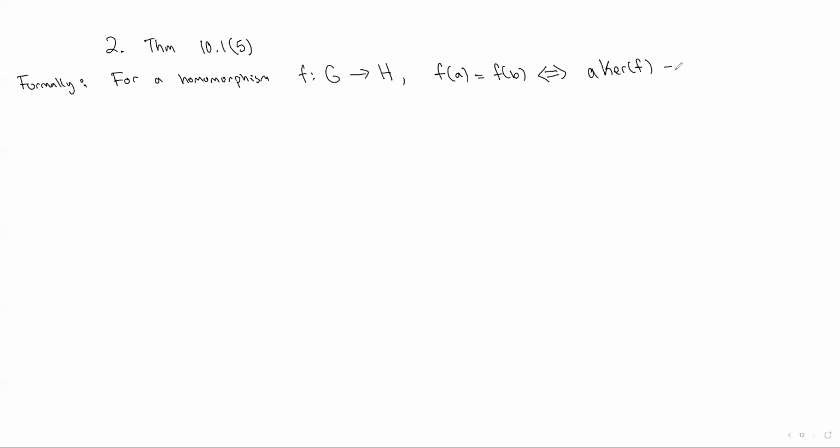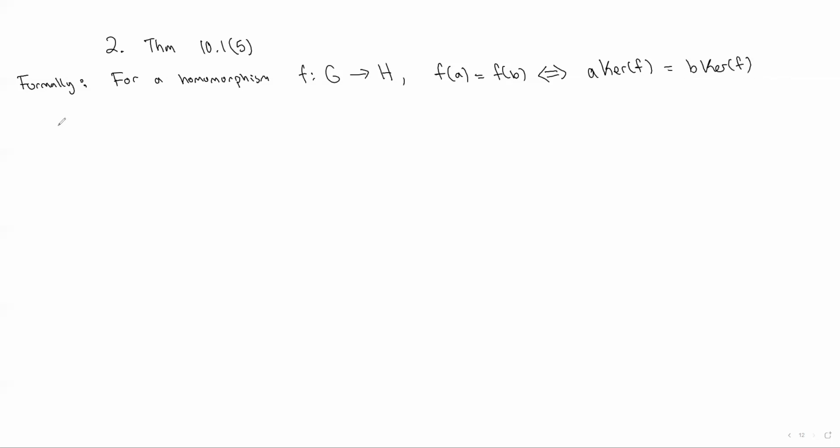Formally, it says that for a homomorphism f from G to H, f of A equals f of B if and only if A times the kernel of f equals B times the kernel of f.